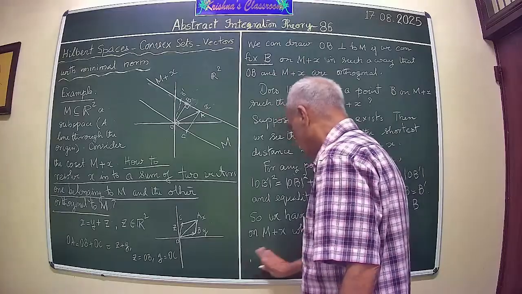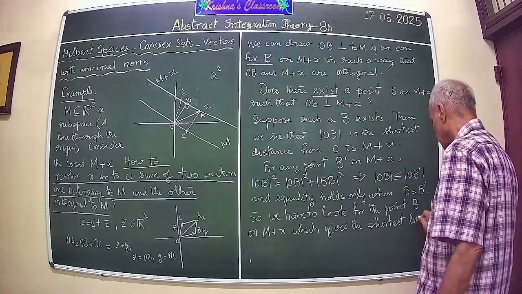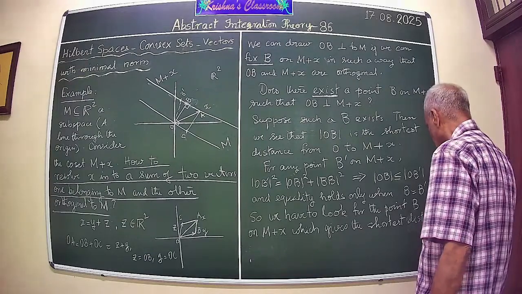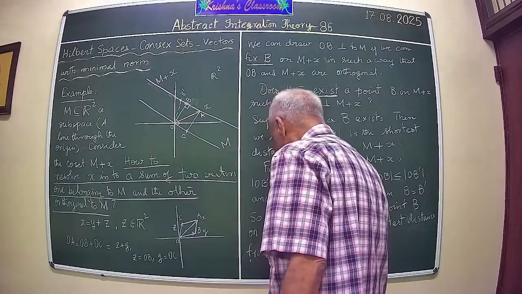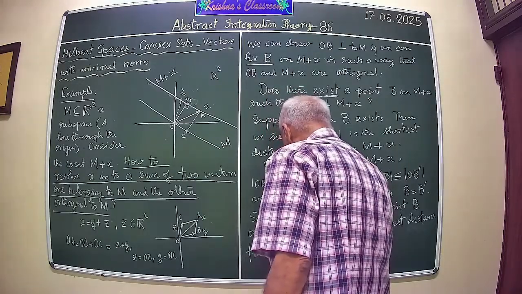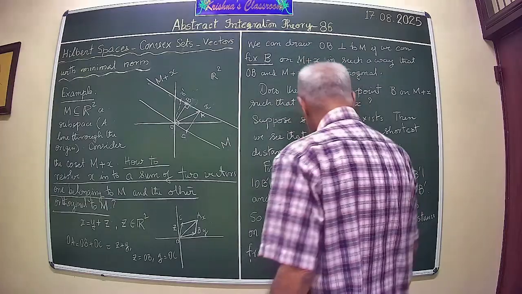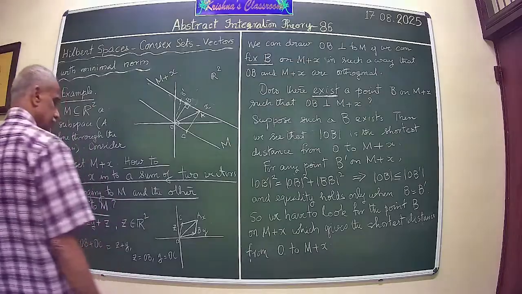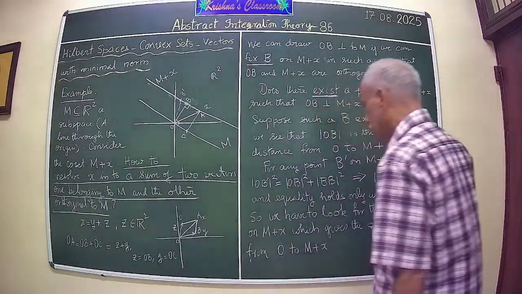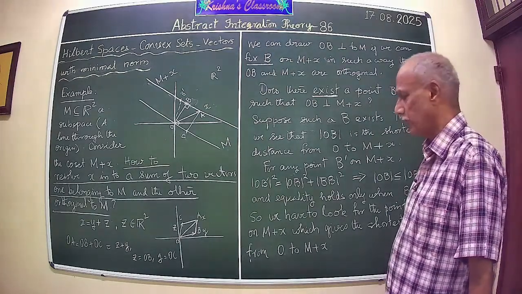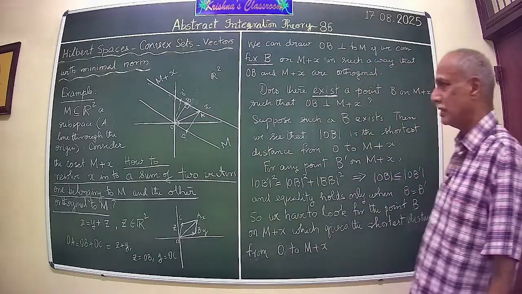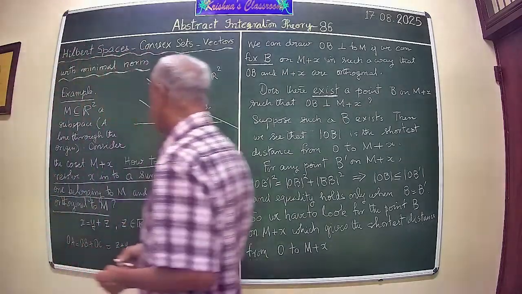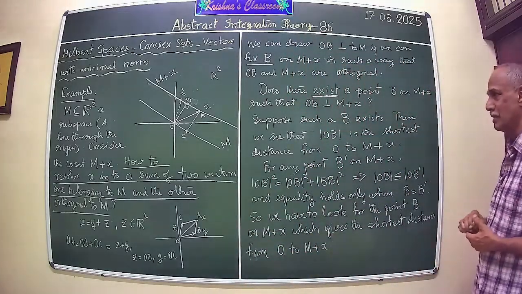So OB gives the shortest distance from O to M plus x. Okay, how to find this out? Does there exist such a point? These are all the problems that, at least mathematically, more than actually trying to figure this point, our interest is to show that such a point exists. Thus, there exists such a point.